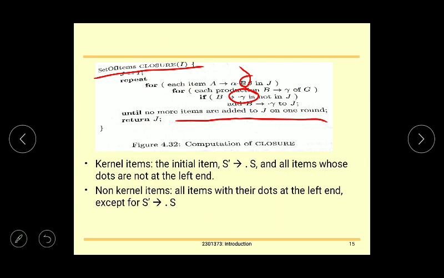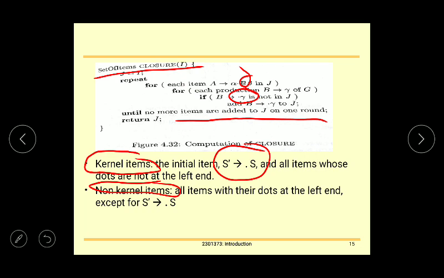Then one more thing here. Items can be classified into kernel items and non-kernel items. What is a kernel item? A kernel item is the initial item, that is S dash gives dot S, where S dash is a new non-terminal introduced by us, and S is the start symbol given by the author.